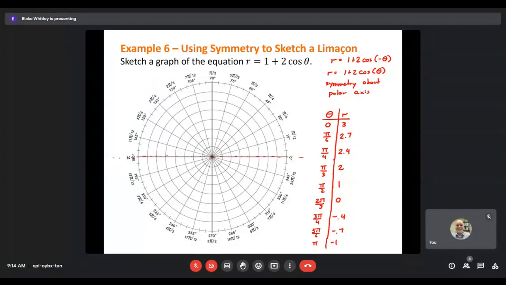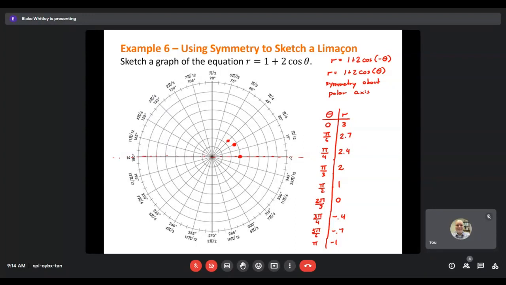All right, so if we plot these points now, theta 0, r is 3. So I'm going to go out and again, this time we'll just go with the normal circles. So my third circle there is a radius of 3. Pi over 6, we get 2.7, so that's going to be slightly less than 3. Pi over 4, 2.4, so a little bit smaller than what we had previously.